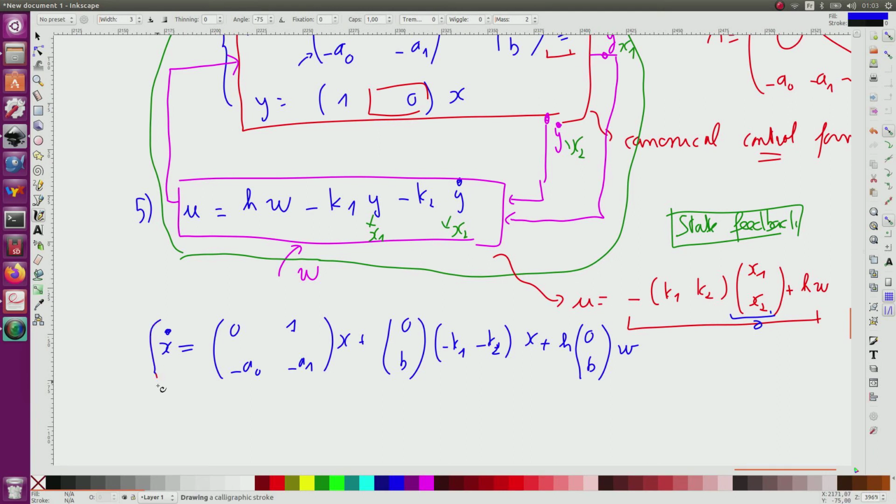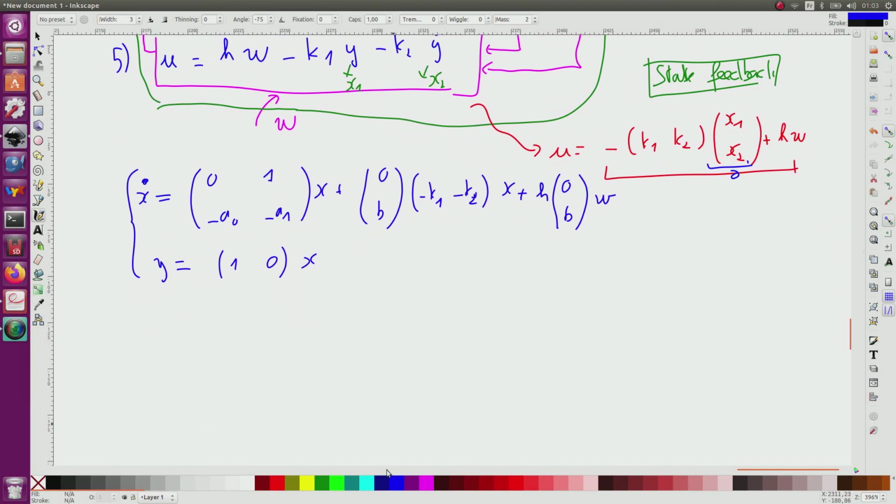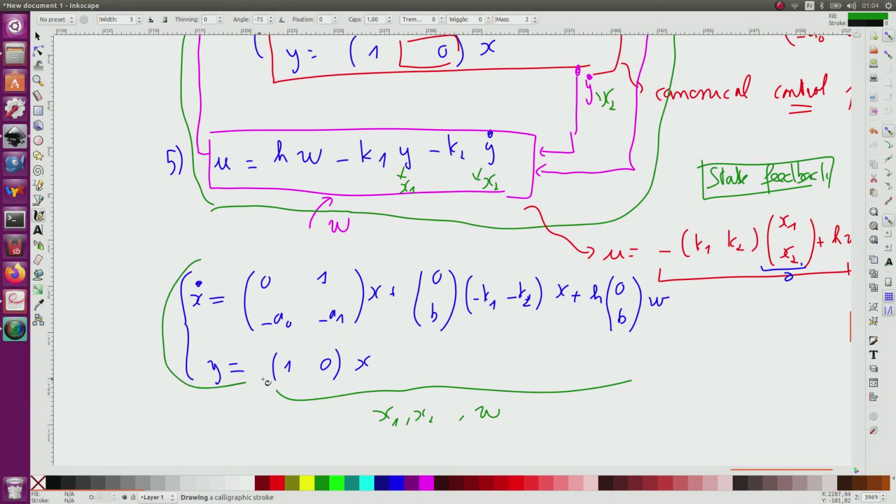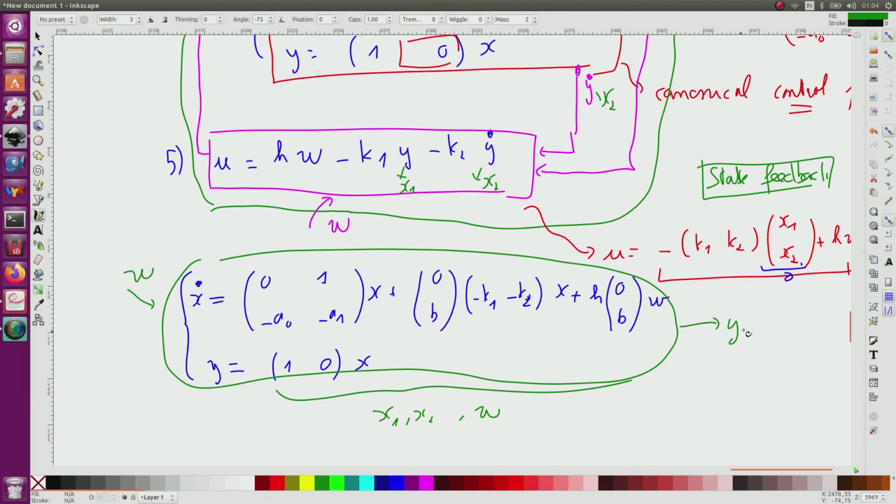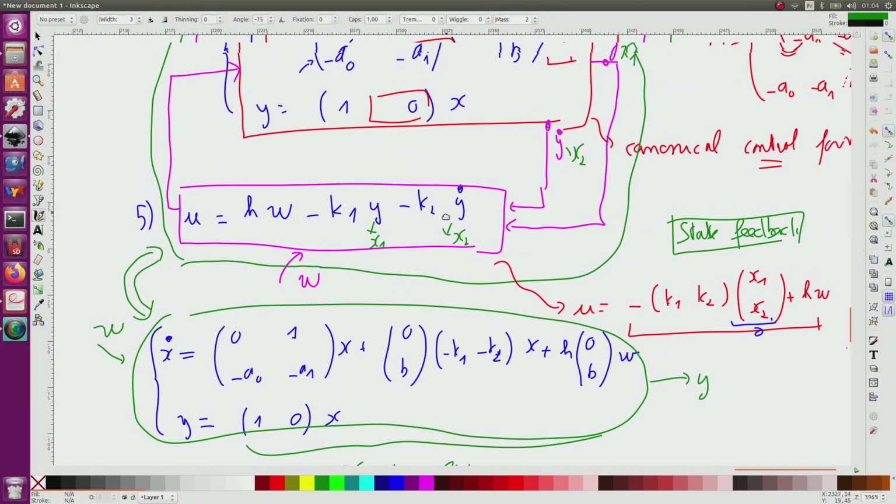And again y equal to 1, 0, x. So it is here a state space representation, since I have the derivative of the state and the output, where here I have only x1, x2, and the new input w. So this one with the input w and the output y is equivalent to this one in green.